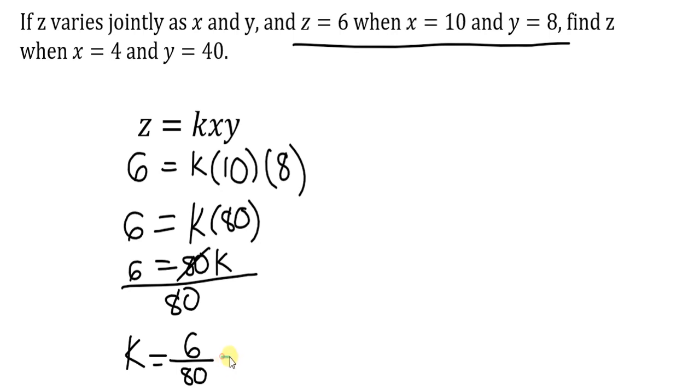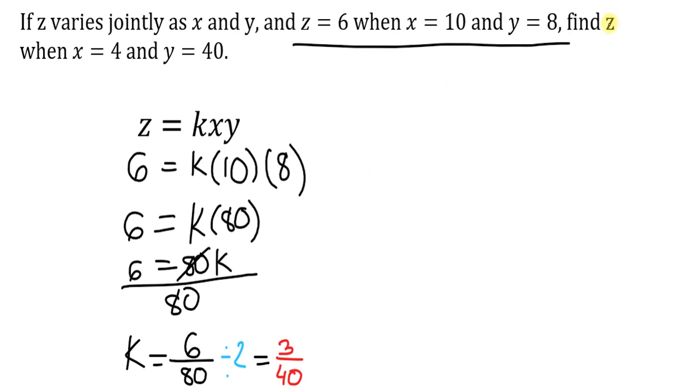So let's divide it by 2, both sides. Okay, so 6 divided by 2, that is 3. And 80 divided by 2, that is 40. Okay, pwede pa ba nating i-lowest term yan? Hindi na. So, k is equal to 3 over 40.